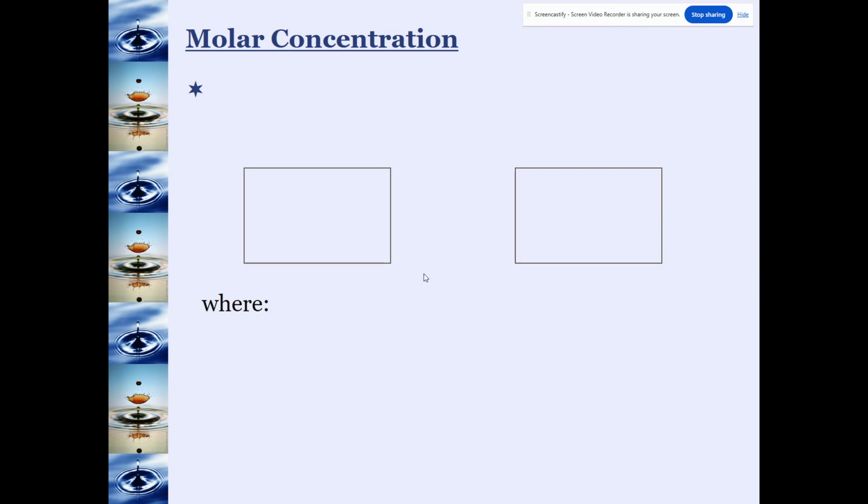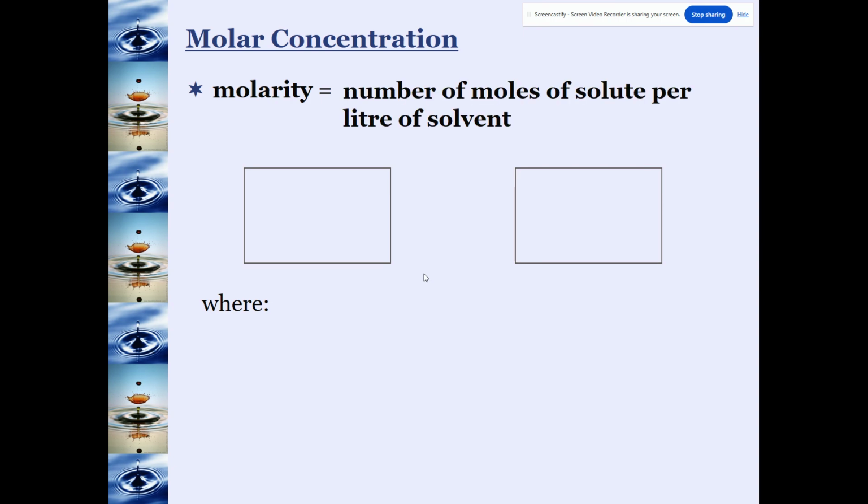Okay, so let's get into our calculation, molar concentration. Sometimes you might be asked to calculate the molar concentration, or you could be asked to calculate the molarity. So molarity stands for molar concentration, where you are taking the number of moles and dividing by the liters of solvent.